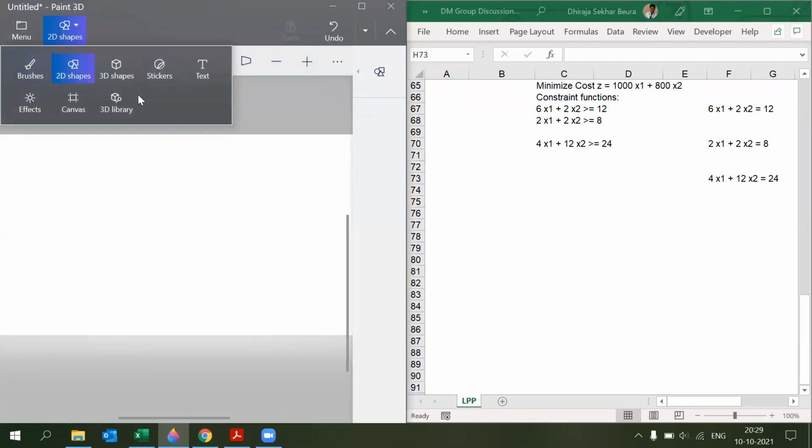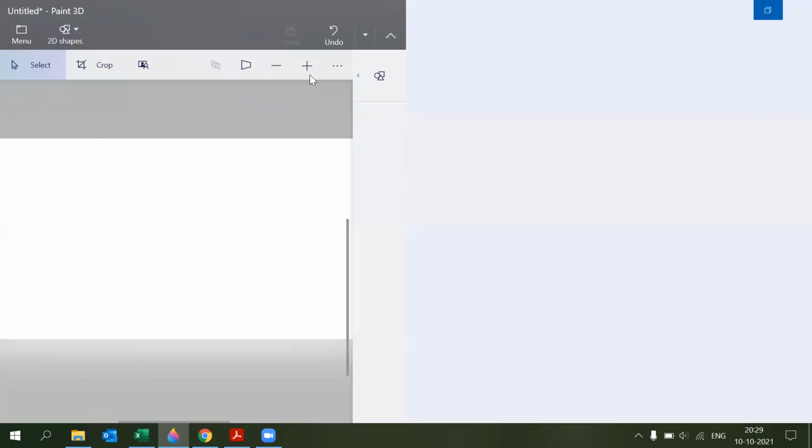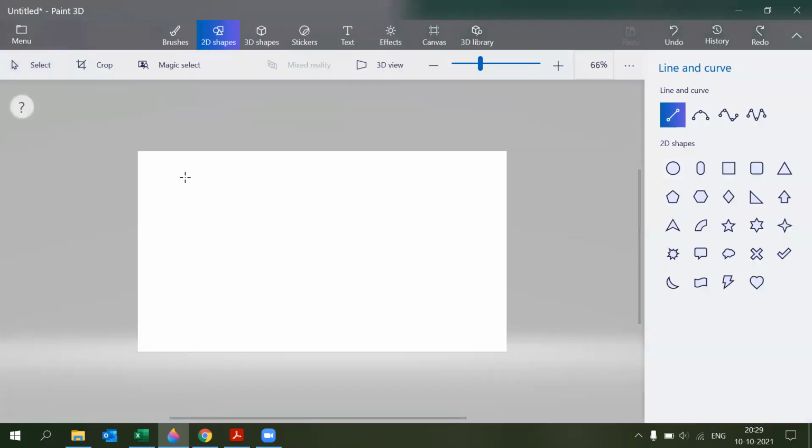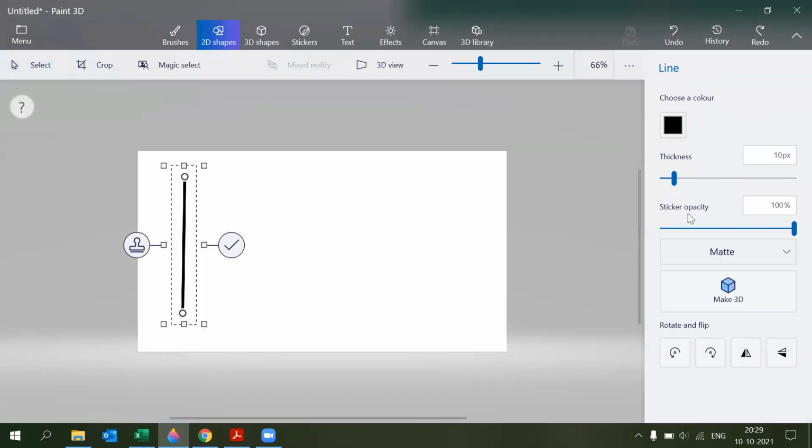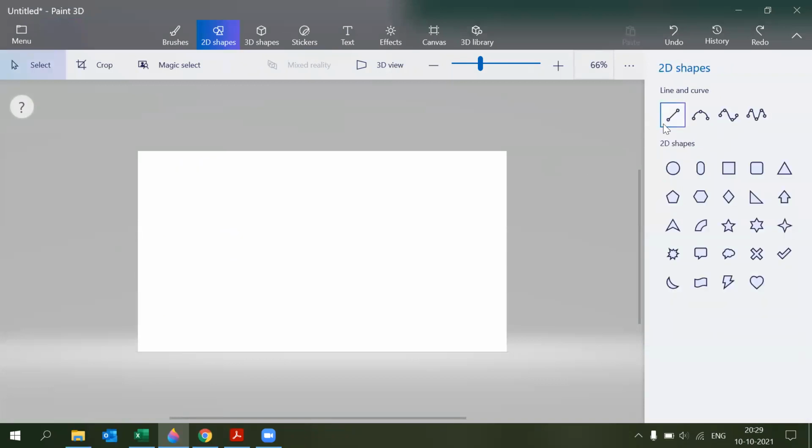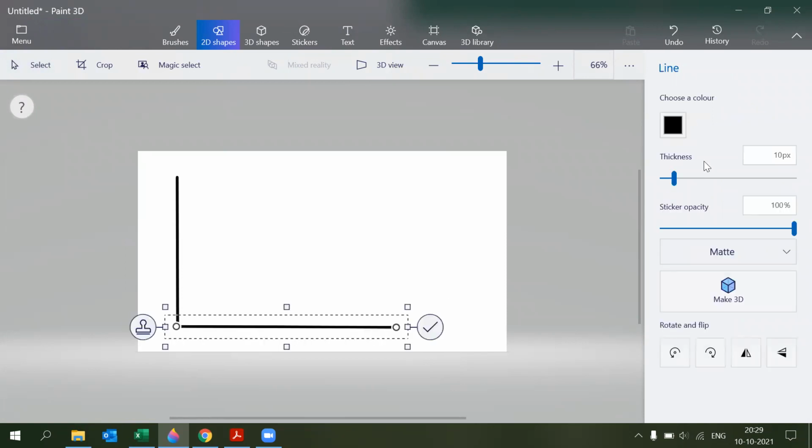Now, what we will do is, let me just quickly have a simple graph, and we will go from there. All right.